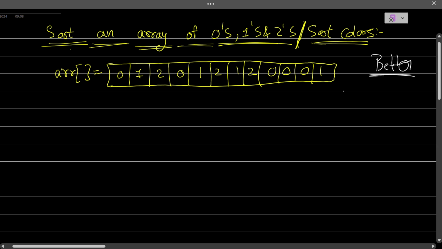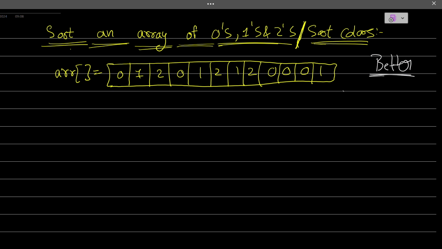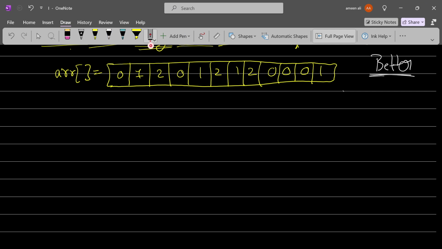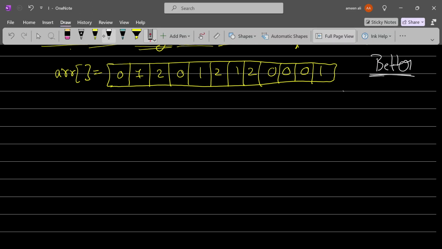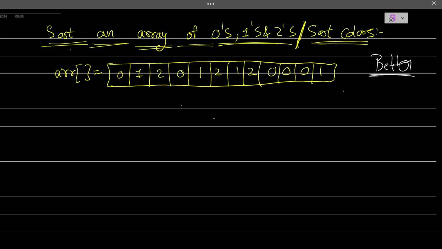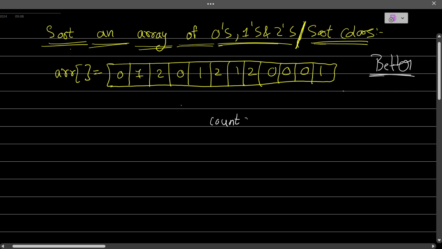What I'm going to do in the better solution is a single iteration over the array, and I'll take three counter variables: counter 0, counter 1, and counter 2.